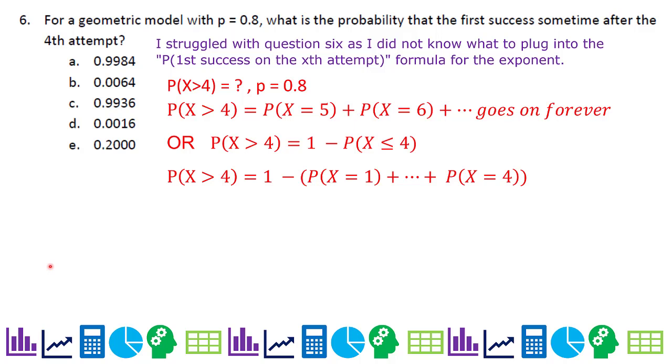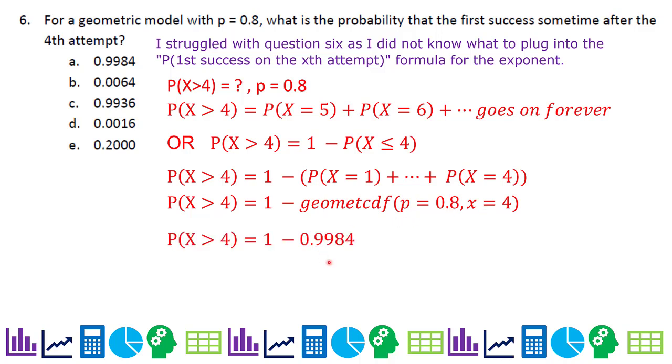In calculator terminology that is the cumulative distribution function. You see that C right there? That's important to note. That will do everything from 0 to 4. So 0.8, x equals 4. Plug that in, and we get an answer of 0.0016.